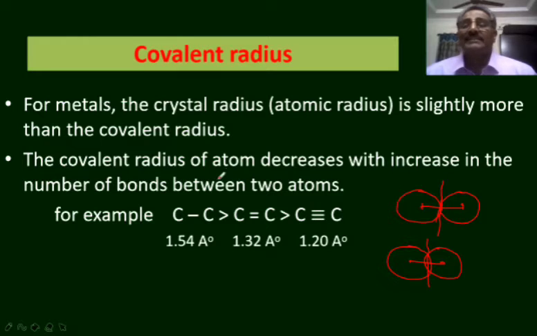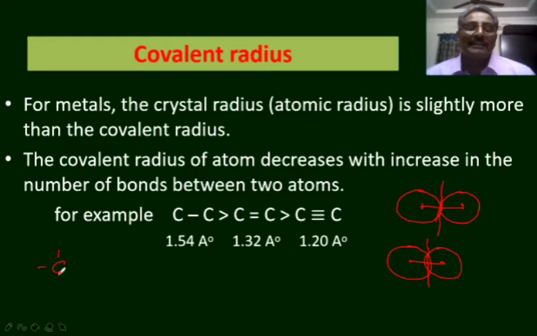The covalent radius of an atom decreases with increase in the number of bonds between them. In the covalent compounds, there is a possibility of existing multiple bonds between the same atoms. For example, in the carbon compounds, the carbon-carbon single bond exists, carbon-carbon double bond exists, and carbon-carbon triple bond also exists.